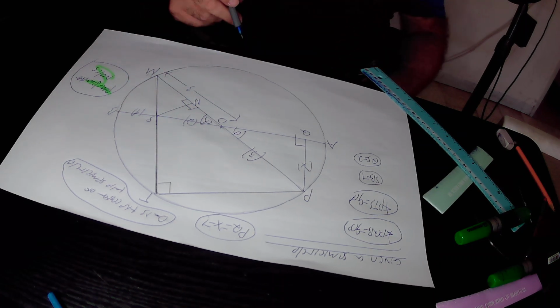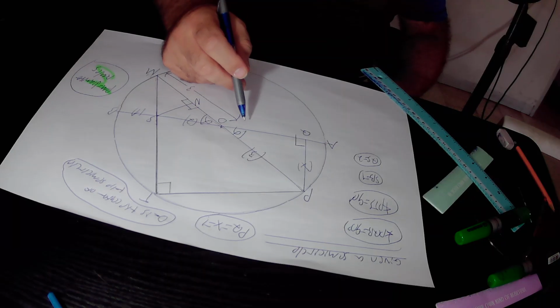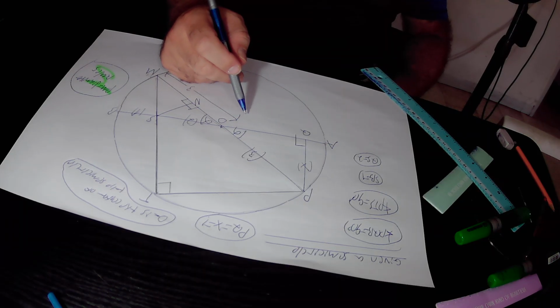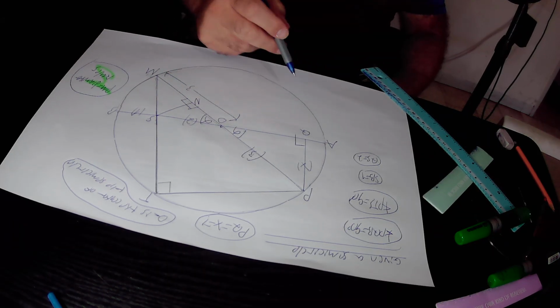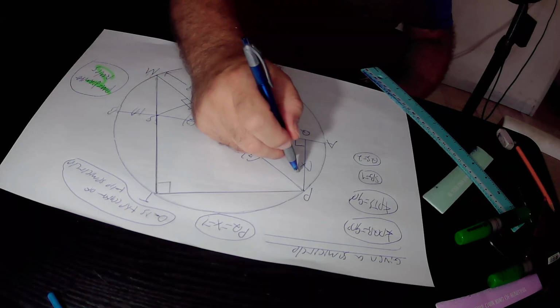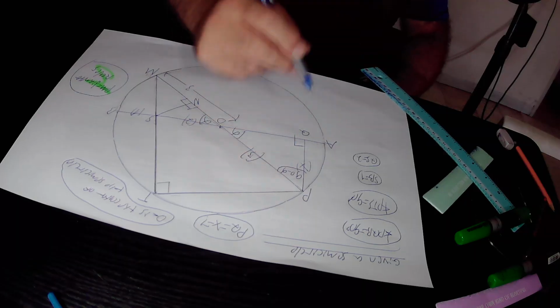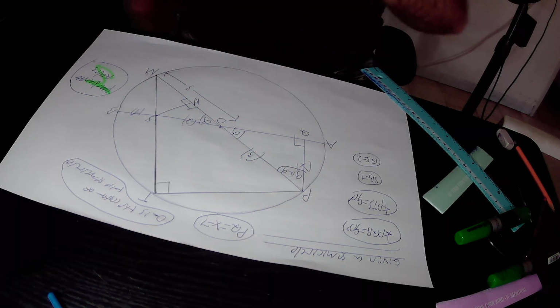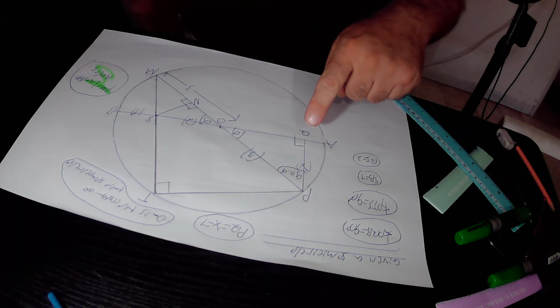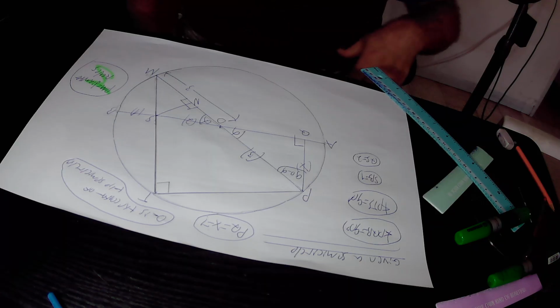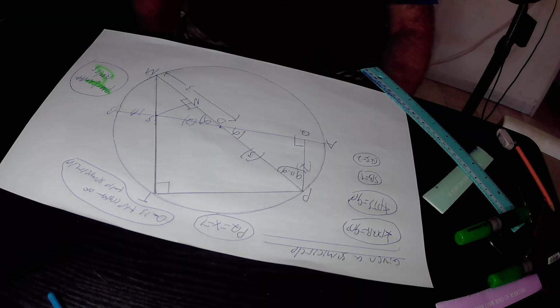So in the right triangle PQO, this angle equals alpha. This angle equals 90 degrees, and therefore this missing angle must be equal to 90 degrees minus alpha. Why? Because 90 degrees minus alpha plus alpha is 90 degrees, and 90 degrees plus 90 degrees is 180 degrees. That is the sum of the angles in a triangle.